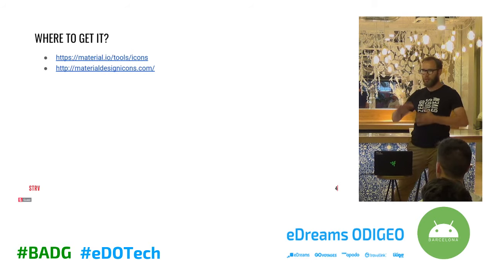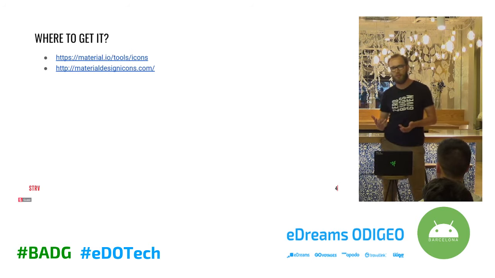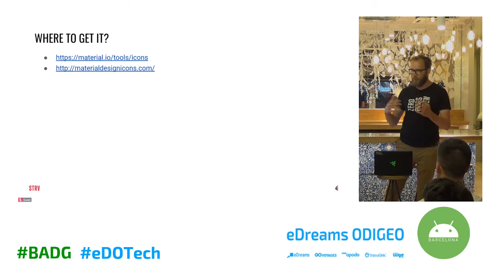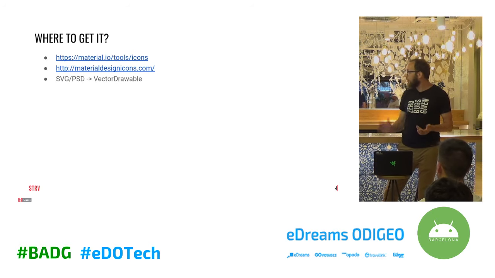It contains all of the official Google ones, and then the community creates the same style of icons there, which fit the same idea of how Google wants us to have icons. Then you can create your own from SVGs or PSDs and import them really easily into Android Studio by importing from SVG and creating a vector drawable.